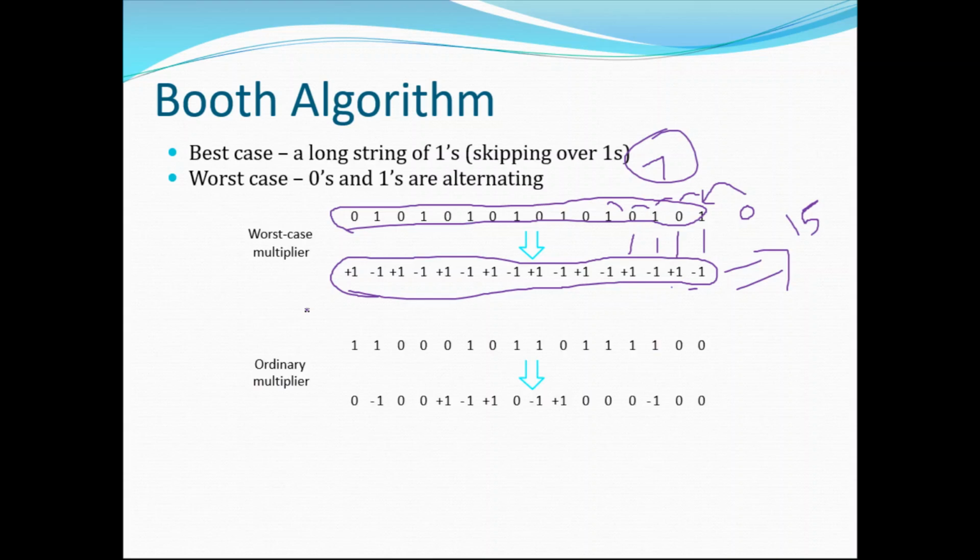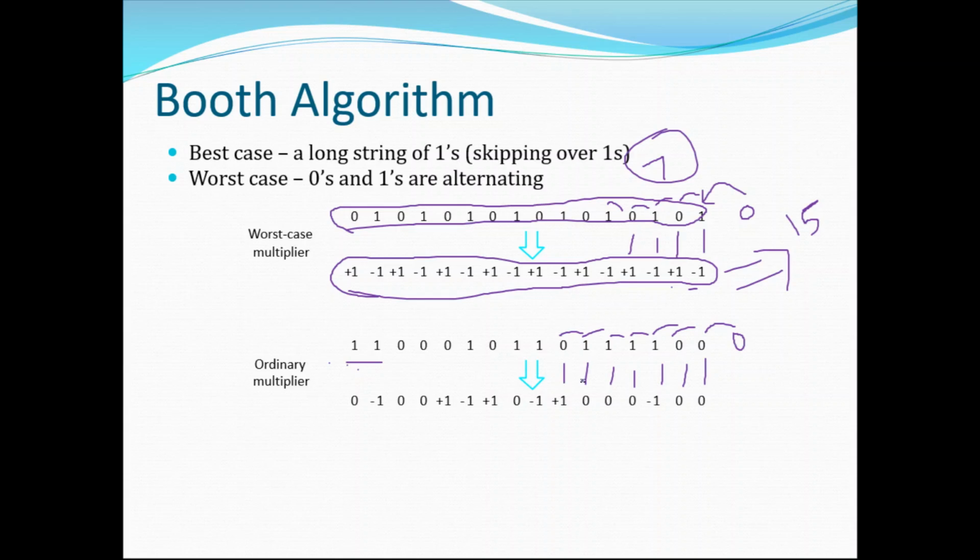Are you getting it? And this is an ordinary case where there are no consecutive ones, just ones at some random positions. Again the logic is the same. Add a 0 at the rightmost: 0 0 is 0, 0 0 is 0, 0 1 minus 1, 1 1 is 0, 1 1 is 0, 1 0 plus 1, like that.